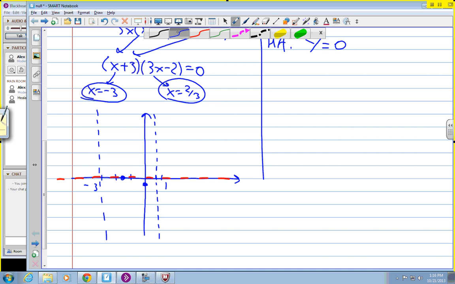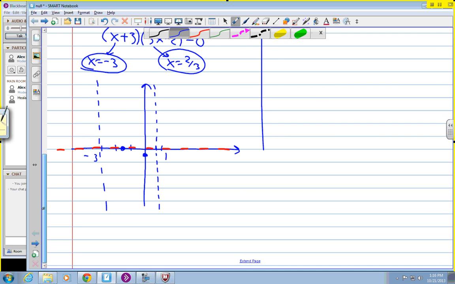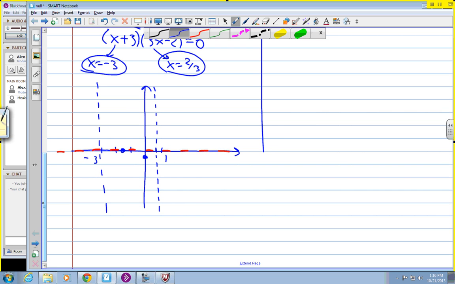Well, now we just need to connect the dots. Every time your x-axis plays the role of an asymptote, it's always confusing whether you're going above or below the asymptote. So in this case, we can pick a number and plug it in just to see whether we're above or below the x-axis, because we don't really know.